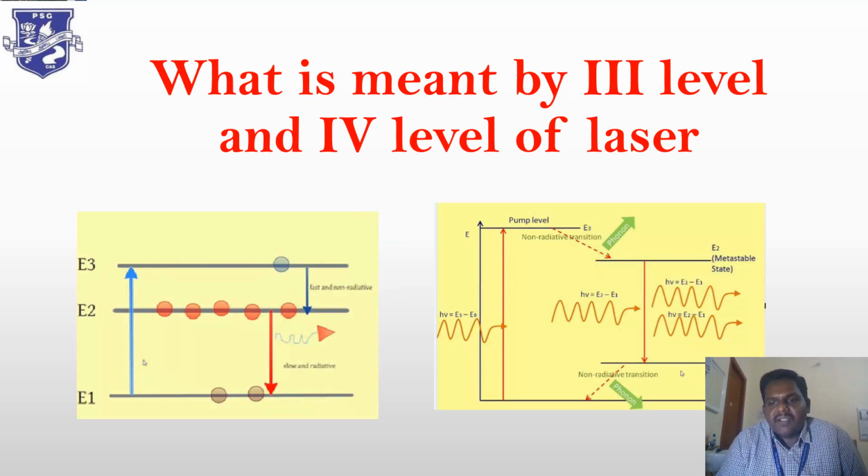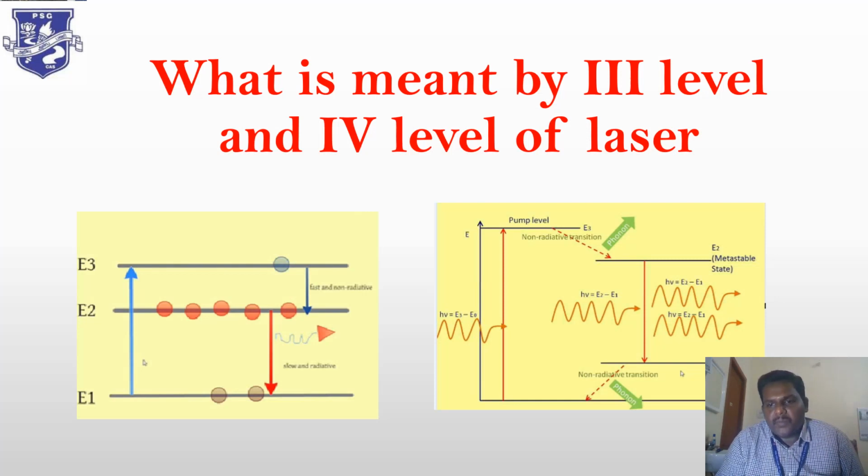Next, we are going to see the difference between the three-level laser system and the four-level laser system. A laser can be classified into many types by means of many parameters. For example, if we take the three important stages which we need to achieve the lasing action, we initially start with the active medium.